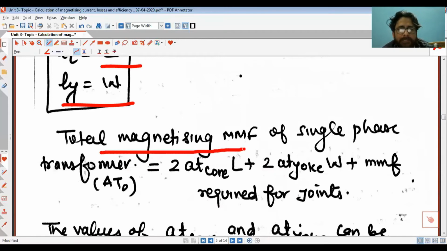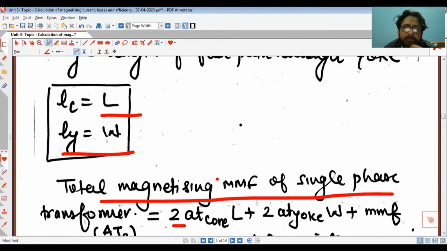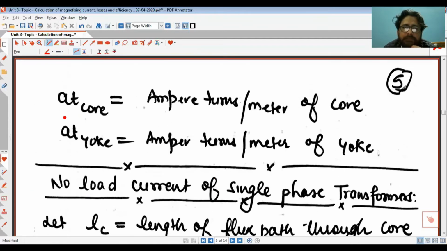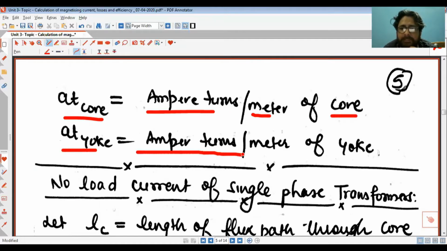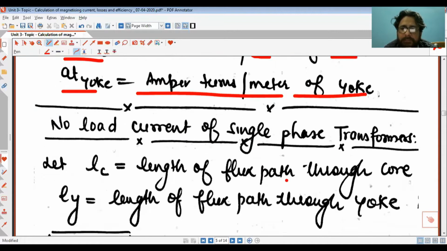Okay, so total magnetizing MMF of single phase transformer. Total magnetizing MMF is in ampere turns. So total magnetizing ampere turns of single phase transformer is twice AT core times L plus AT yoke times W, where AT core is ampere turns per meter of the core, and AT yoke is ampere turns per meter of the yoke, right?